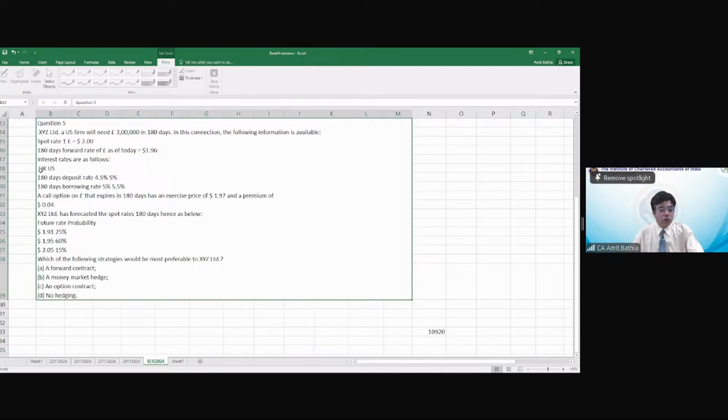Sir, I think there is some alignment issue, because you have cut and pasted this question. There was only UK and US over here. So I believe everybody already has the assignment sheet as such, right?